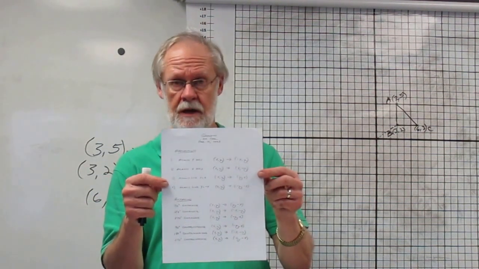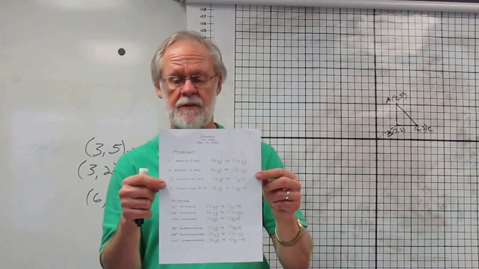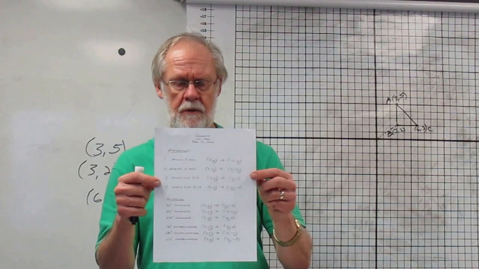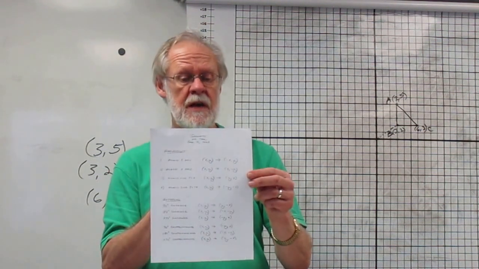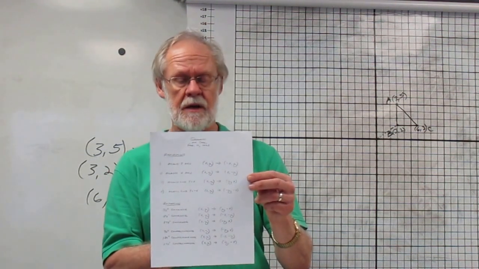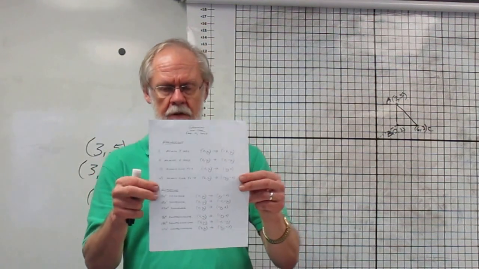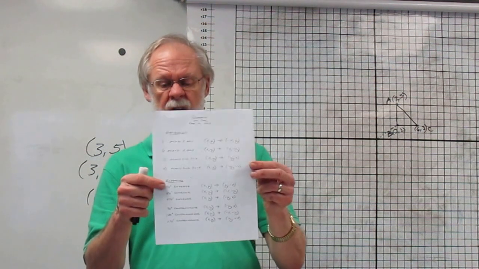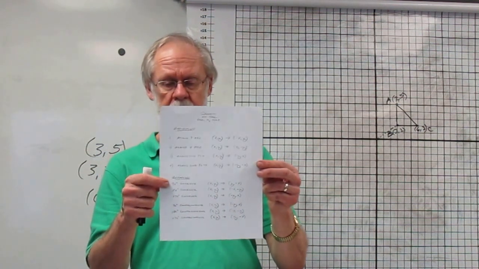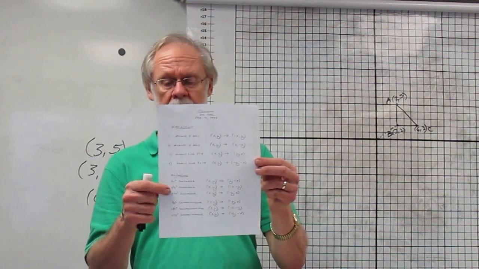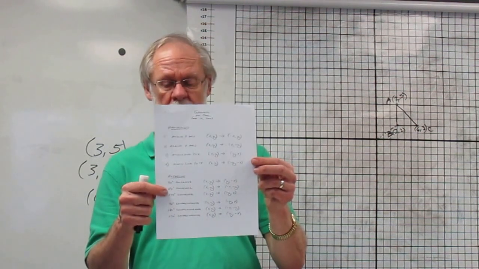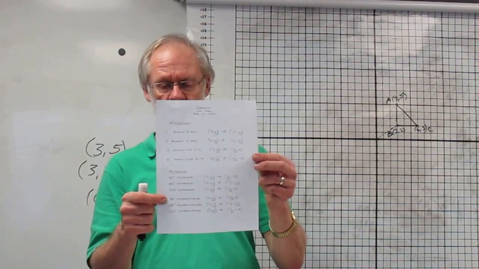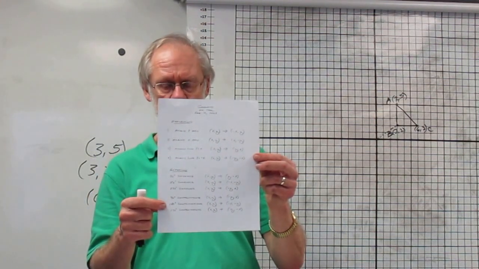Reflection across the y-axis, reflection across the x-axis, reflection across y equals x, and reflection across y equals negative x, where you can see x, y went to negative x, y, etc. Now, there are some others that are common and that we're going to be using, and they are 90 degrees clockwise down here under rotations, 180 degrees clockwise, 270 degrees clockwise, and then 90 degrees counterclockwise, 180 counterclockwise, and 270 counterclockwise.